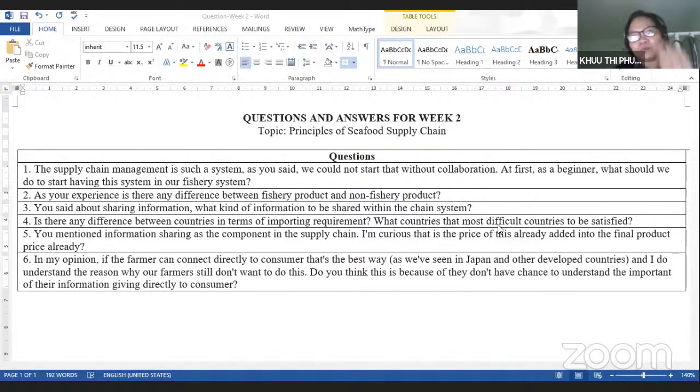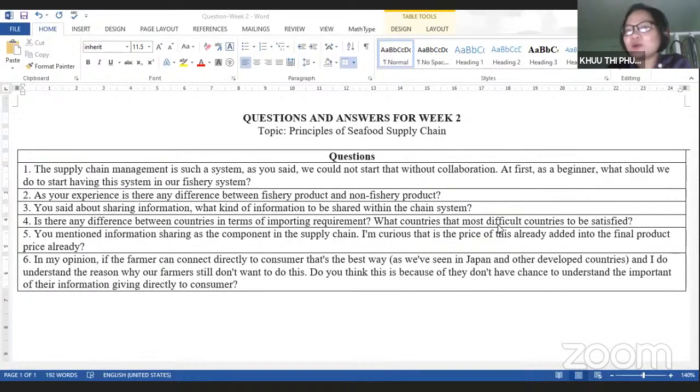Like producers or fishermen, what do you think they consider? They consider the price, right? How much they can get after they sell their product. So what kind of information they want to share, I think they don't want to share the price. I'm sure.